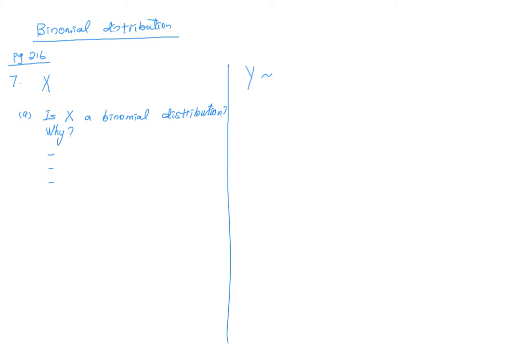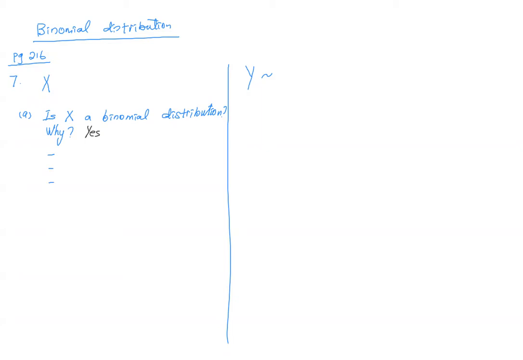Yes. So the answer is yes, correct? So explain. Because there's a fixed number of trials, and for every outcome, there are only two options. Look, if you give me that there is a fixed number of trials, correct?